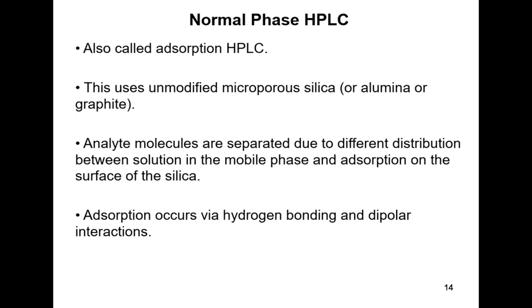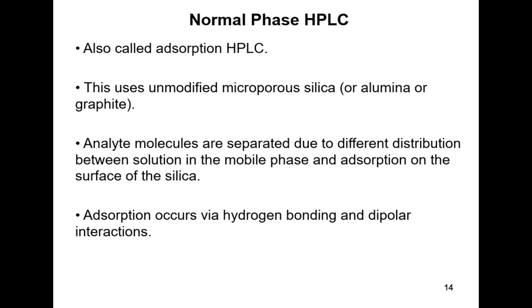It's mostly silica, sometimes alumina or graphite, but we've got the sample molecules. They come through the mobile phase, they pass across the silica surface, and they can interact with the OH groups if they have polar bonds or hydrogen bonding groups.